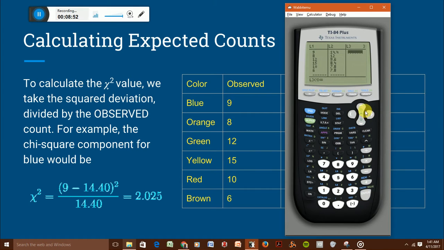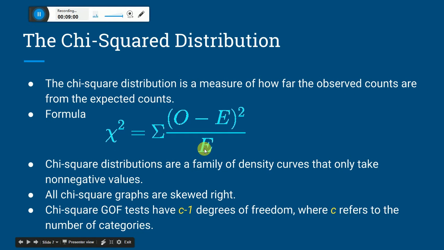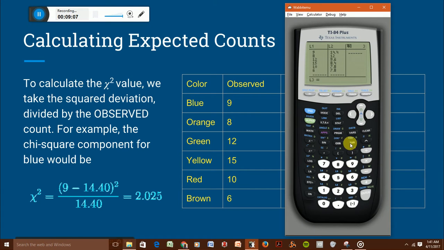All right. To get our chi-squared values, we can simply follow our formula once again, which says observed minus expected, squared, divided by expected. So we're going to take our observed counts in L1, subtract our expected counts, which are in L2, square that, and then divide by our expected counts again, which are in L2.